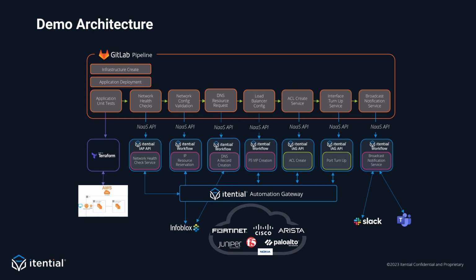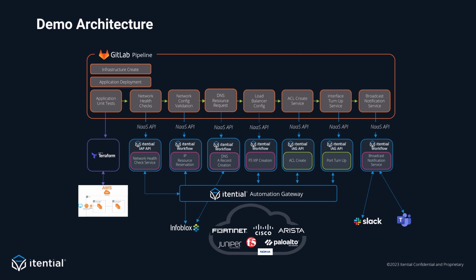The systems we're going to focus on for the purposes of the demo will be the Itential Automation Platform, and we'll use that to execute some Itential workflows and an Itential command template. Then we'll also make some calls directly to the Itential Automation Gateway to execute an Ansible playbook that we have previously defined.